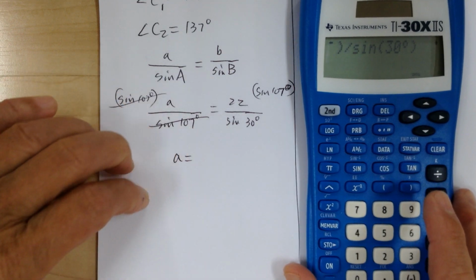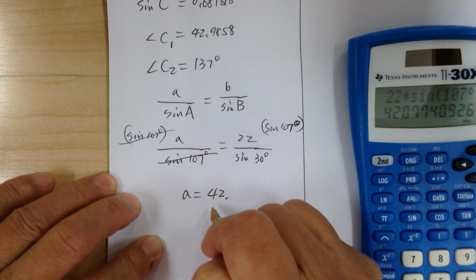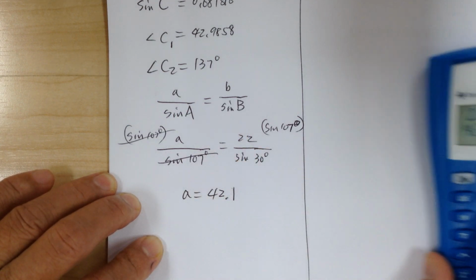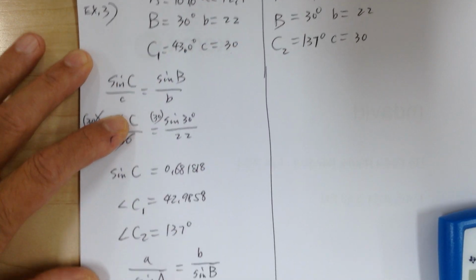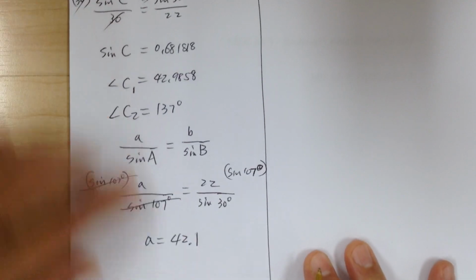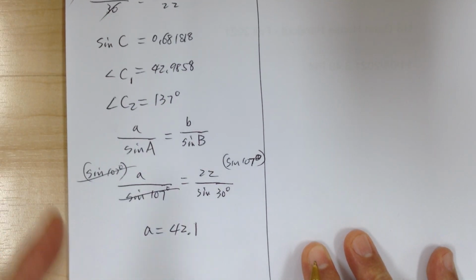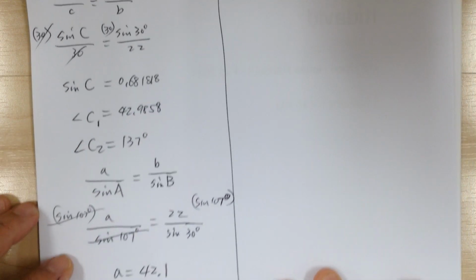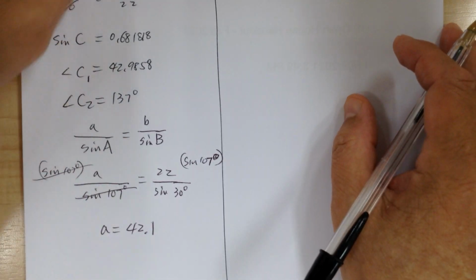Push equal, and you get 42.077, so rounding off to 1 decimal, you get 42.1. And you don't have to worry about the second case, because remember, with the law of sine, when you use it to look for the biggest angle, or if you're not sure, then you have to get the second case. But if you use it to look for length, then that's it. Whatever you get is whatever you get.